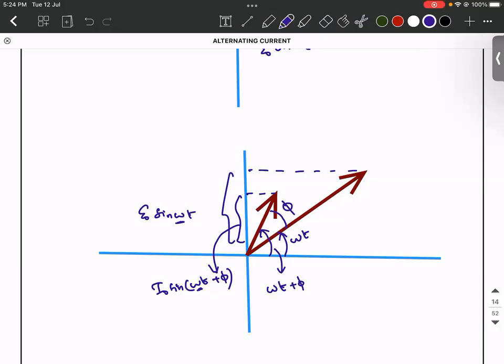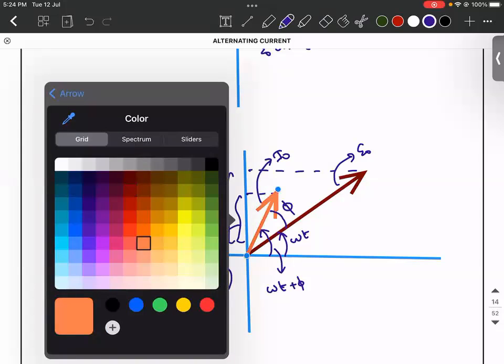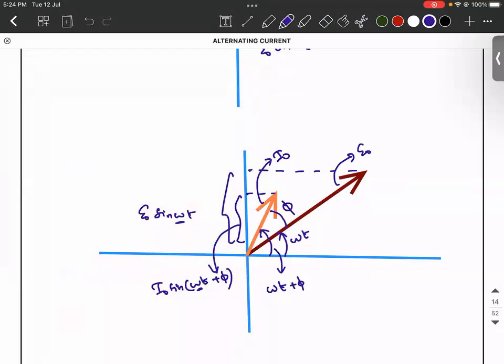Sir, is it E naught sine omega t plus phi or I naught sine omega t? It is I naught sine omega t plus phi. This is E naught. This is I naught. So the orange color one is I naught and the red color one is E. Is it clear?